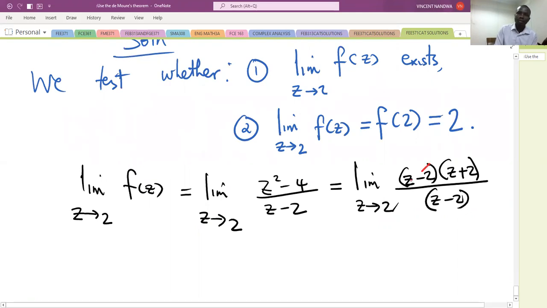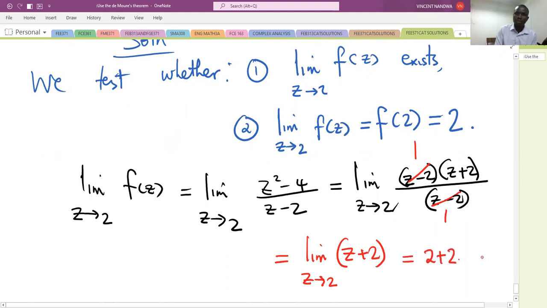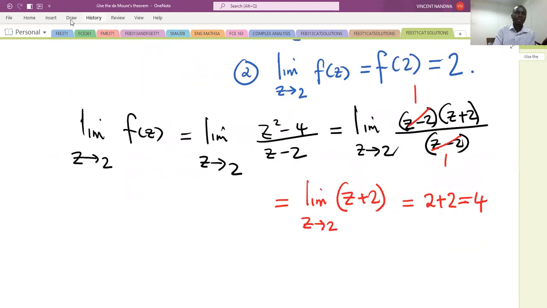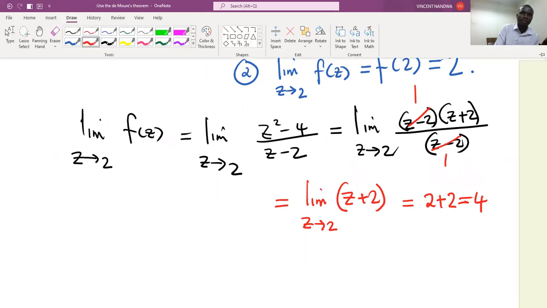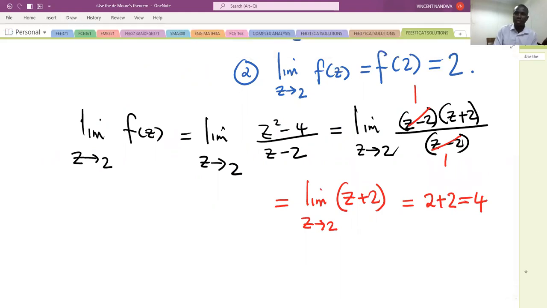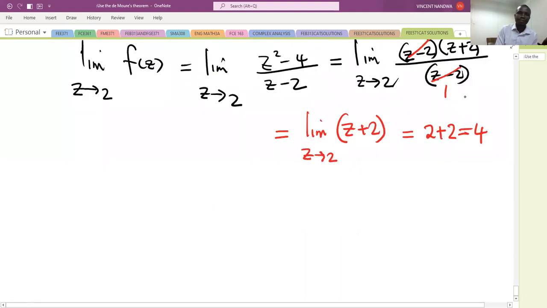So this and this cancel out, and we'll have the limit as z approaches 2 of z + 2. Direct substitution gives us 2 + 2, which is 4. So indeed, the first property is satisfied, that the limit as z approaches 2 of f(z) has a value of 4.